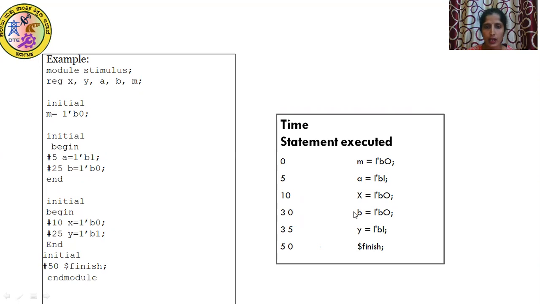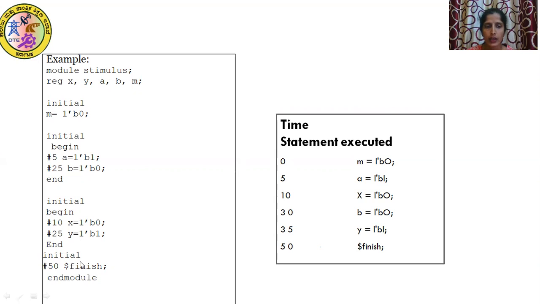The next delay associated here is 25 time units, that is b is equal to 1-bit binary 0, and hence this statement will be executed after 25 units of time. And also the statement y is equal to 1-bit binary 1 will be executed after 25 units of time. The last statement, which is associated with a delay of 50 time units, will be executed after 50 time units.